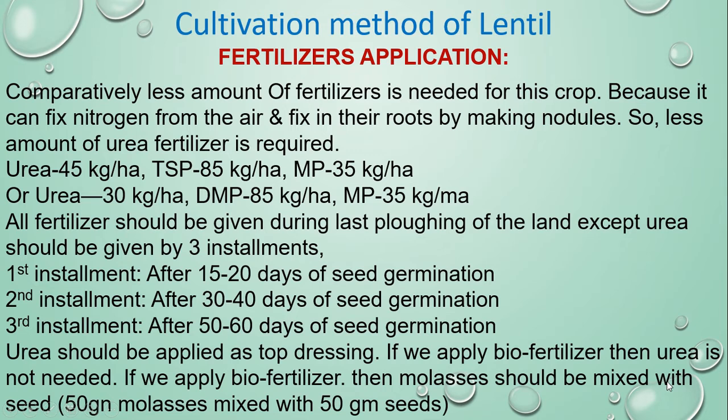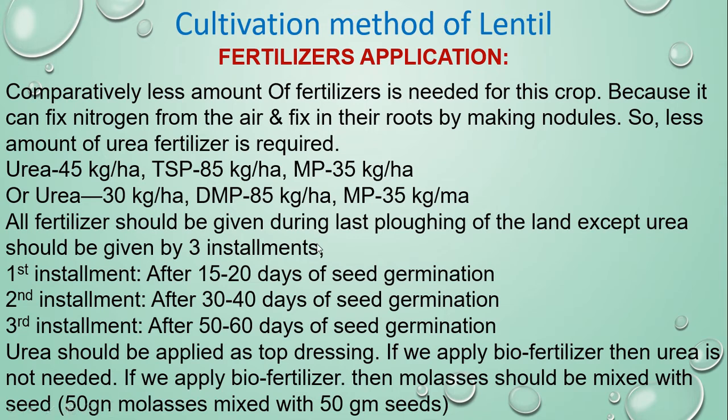Next is fertilizer application. I told you before, these plants produce nodules at the root zone, and in these nodules a type of bacteria called rhizobium is present, and this rhizobium can fix nitrogen from the atmosphere.